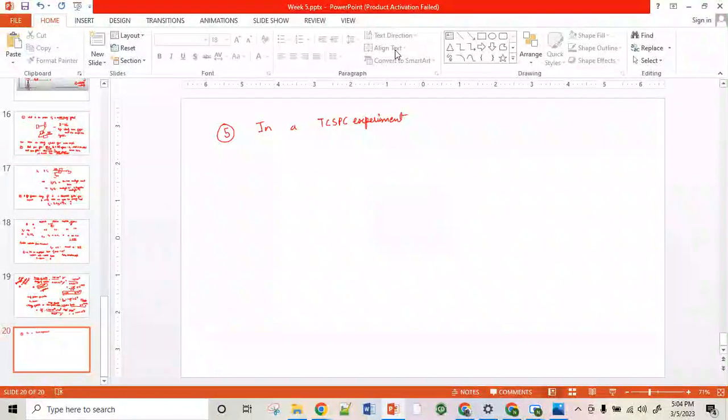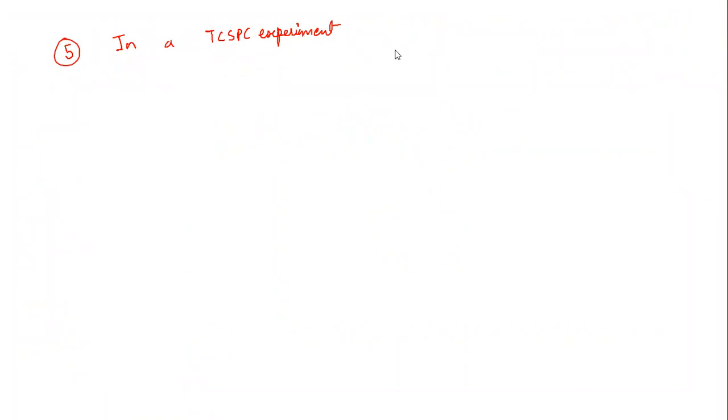This is question number 5. In a TCSPC experiment, say the TAC range is 60 nanoseconds and the multi-channel analyzer has how many channels?